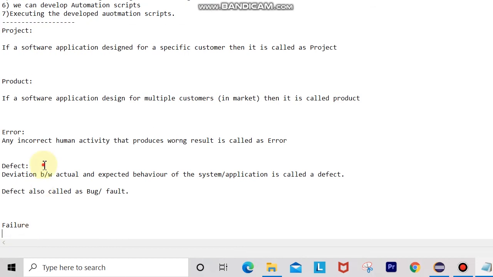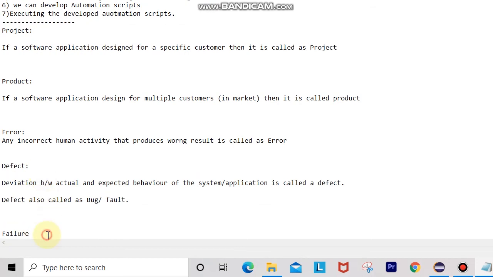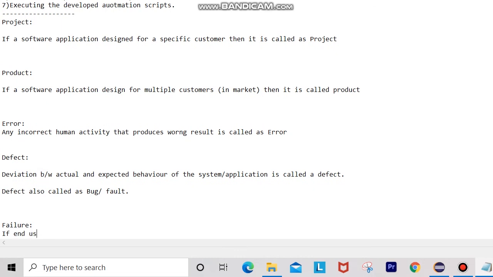So what is a failure? I told you, if an end user identifies a problem while using the application, it is called a failure.